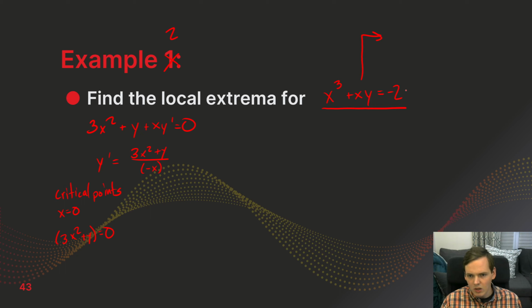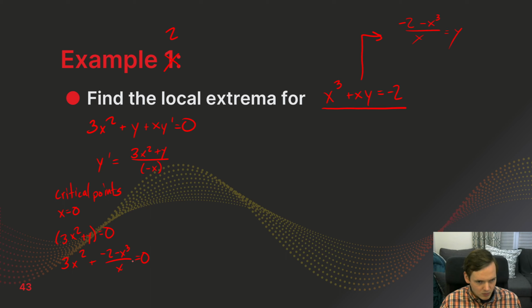So I'm going to solve this for y, and I'm going to get negative 2 minus x cubed over x is equal to y. So I can come back down here and plug it in. 3x squared plus negative 2 minus x cubed over x equals 0.